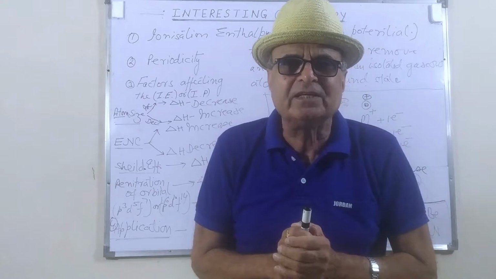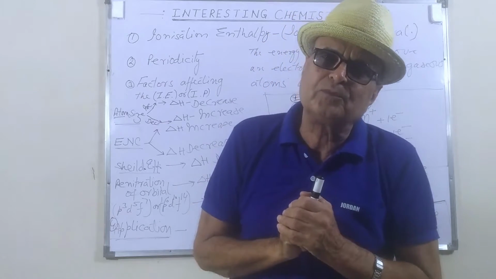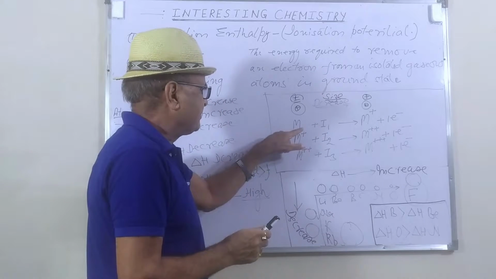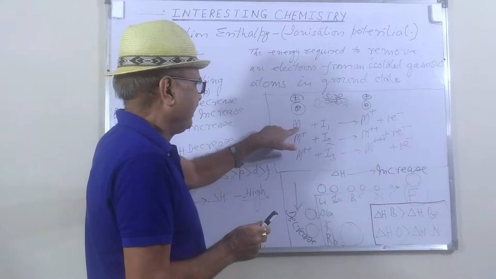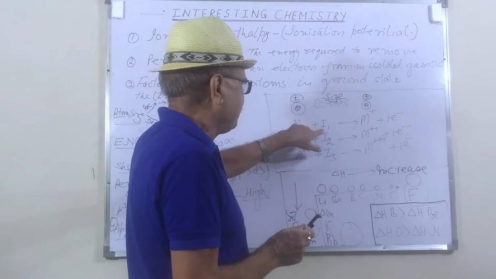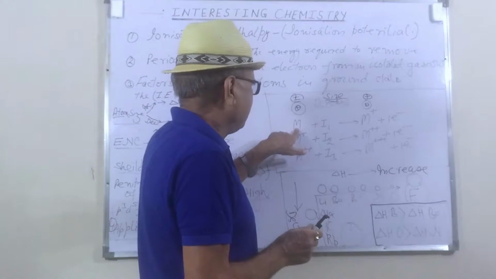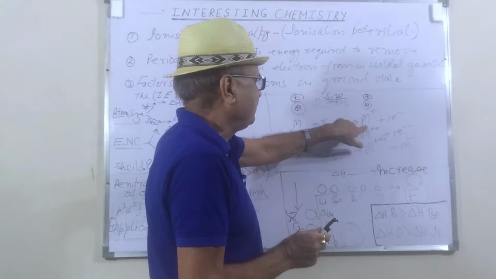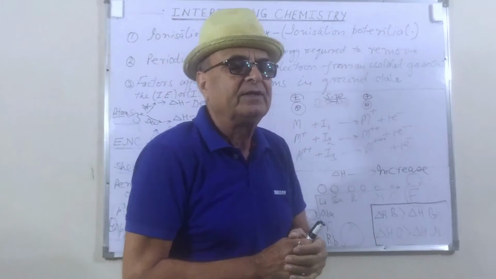That energy will remove the electron from that atom. Suppose this is an atom, and you provide this atom the I1 energy. So the atom converts into the cation M positive due to the removal of one electron.